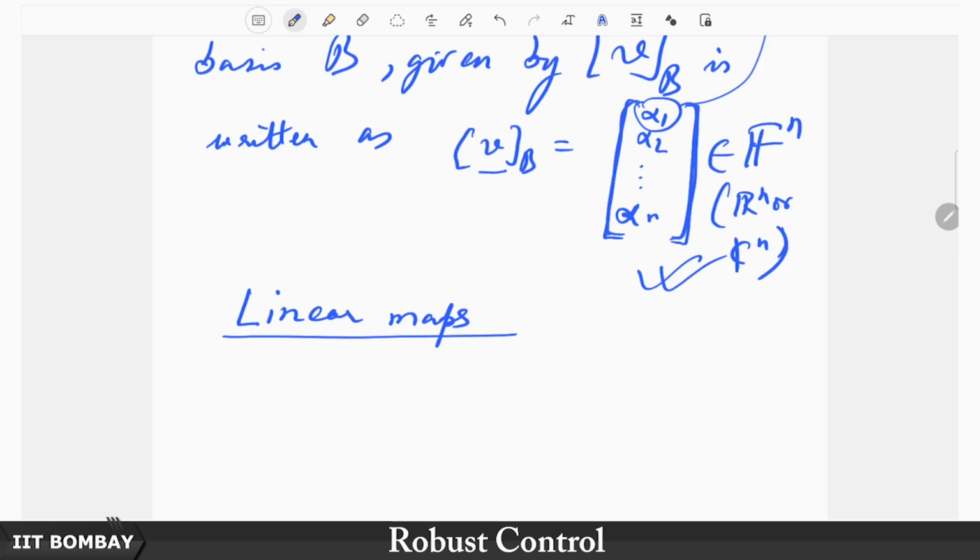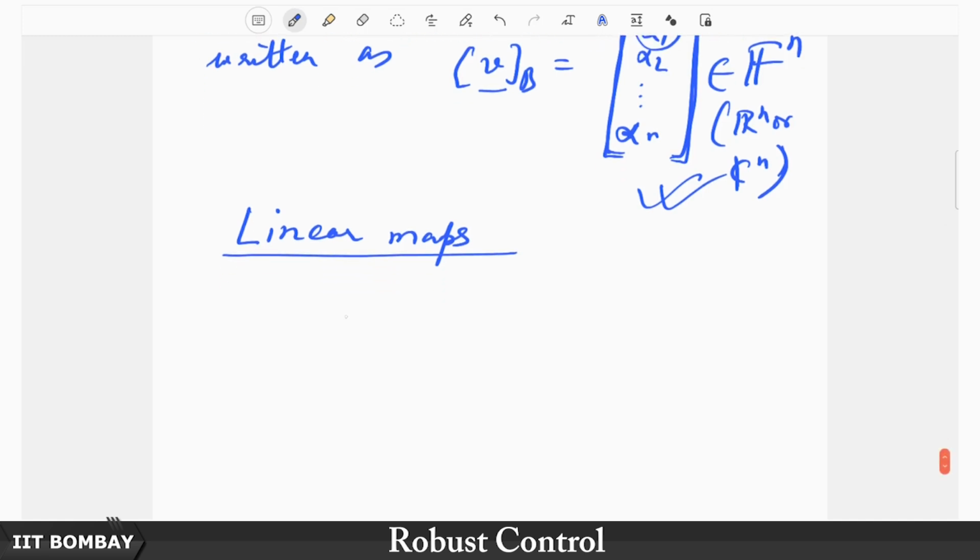So what are linear maps? Linear maps are basically maps from one vector space to another, satisfying certain properties. So suppose I have a linear map from a vector space V to the vector space W. Remember this V and this W, these are vector spaces over some field, either R or C in our case.